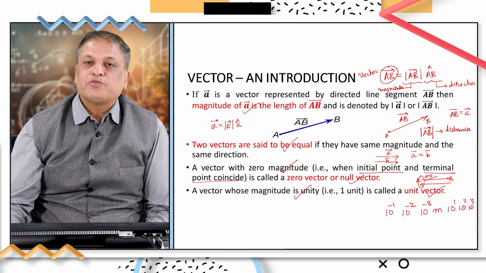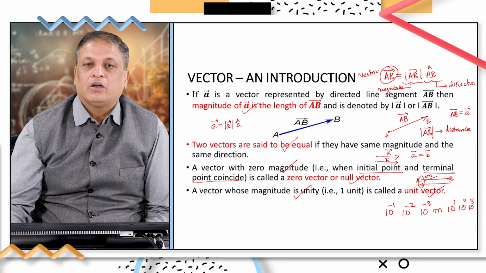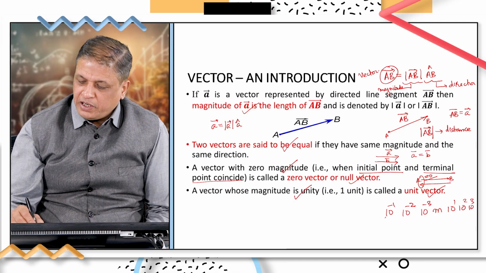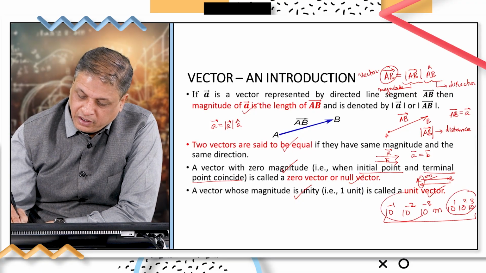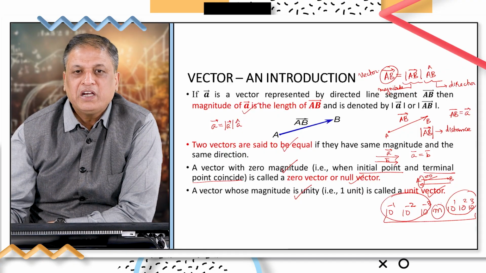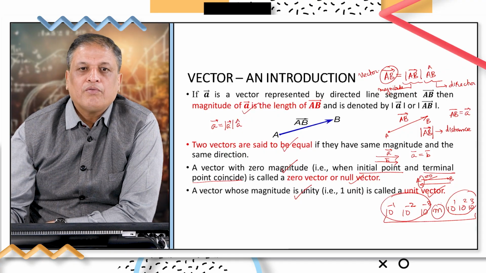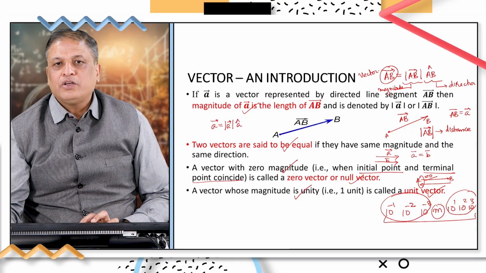Then accordingly we specify the units, that is millimeter, centimeter, decimeter or kilometer. So, the multiplying factor is the scalar component, and we have a unit, that is the meter. So, the vector whose magnitude is unity, that is 1 unit, is called a unit vector.